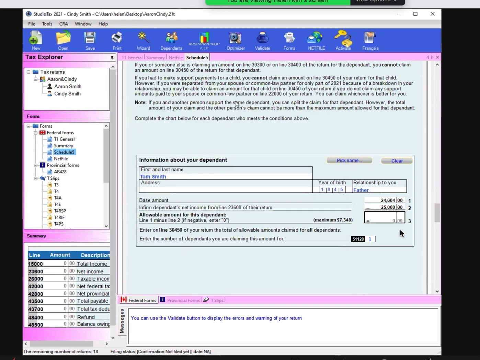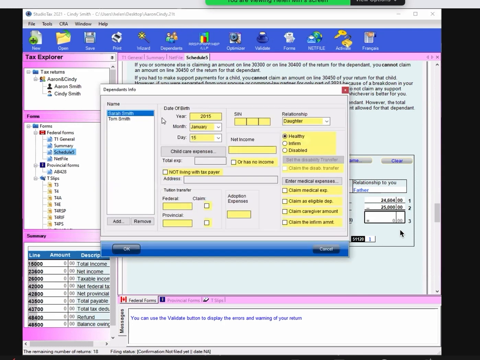Zero. Nothing. Why? His income is higher than the 24,000, which is reduced by the net income. So that means Tom's net income is very important.